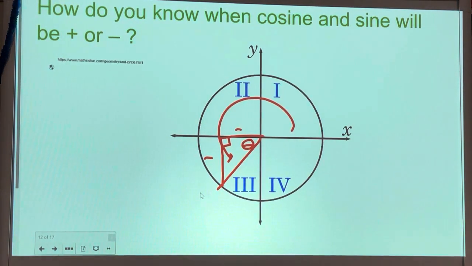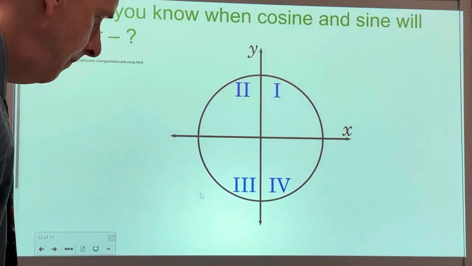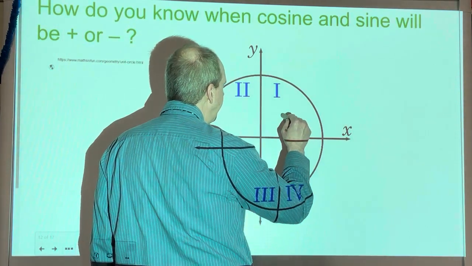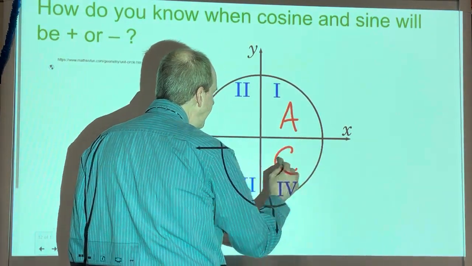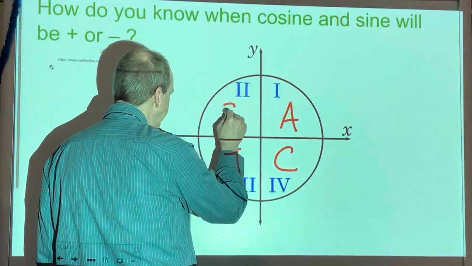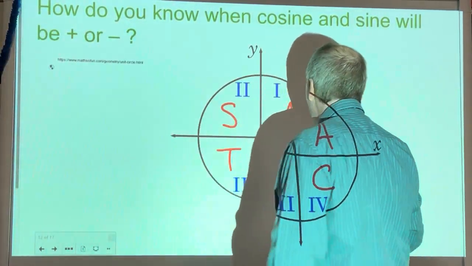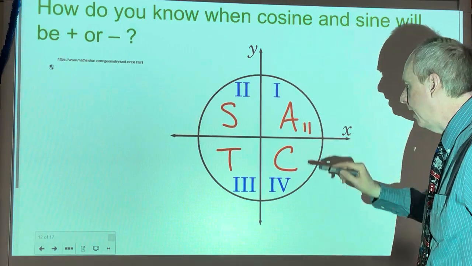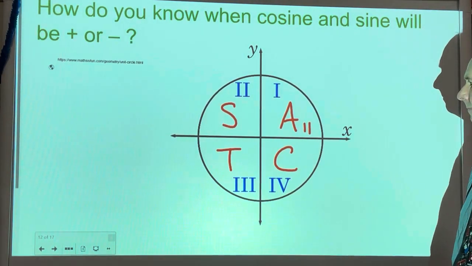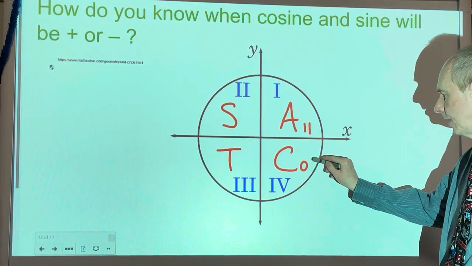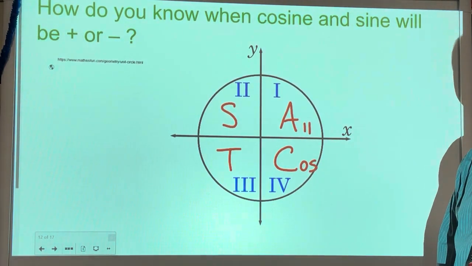So, what's an easy way to remember this? All year long, we practiced and studied for our ACTs. In quadrant 1, they are all positive. In quadrant 4, only cosine is positive.